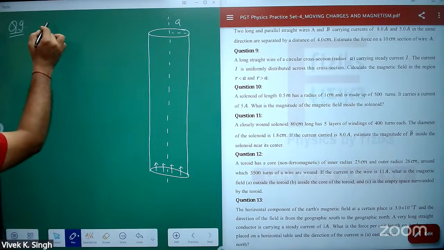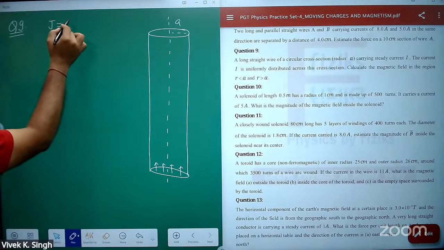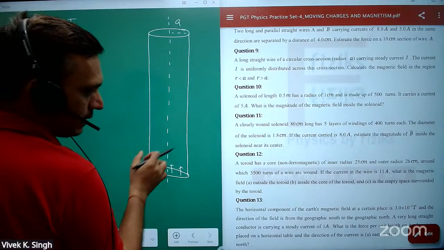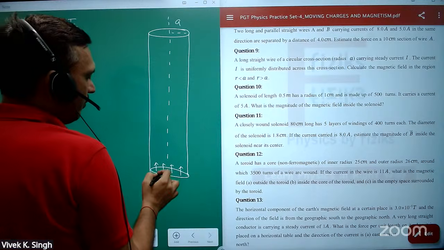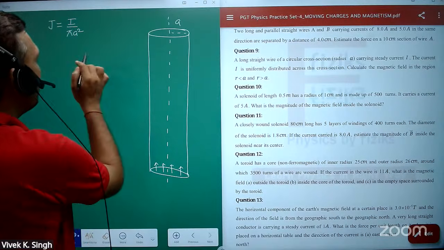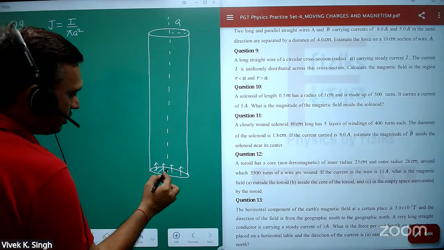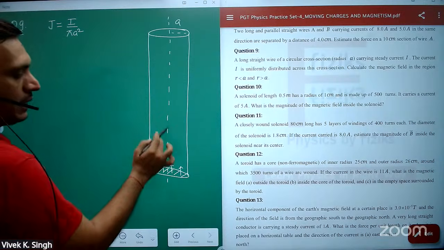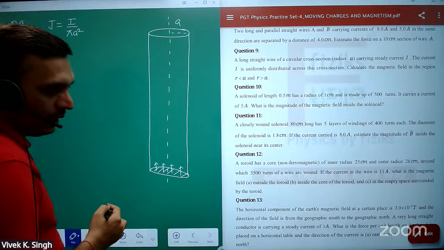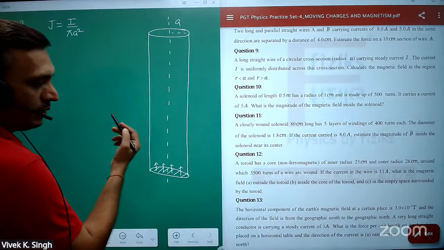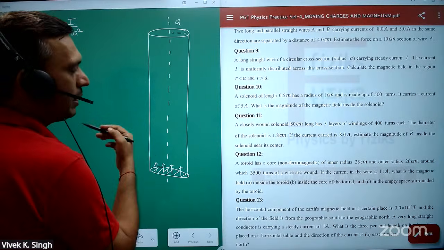So what will be current density J? This is given by current per unit area perpendicular to current flow. Because it is uniformly distributed and this area is perpendicular to current flow, current density will be in the Z direction. And if current is in Z cap direction, magnetic field is in phi cap direction. It has symmetry of wire.